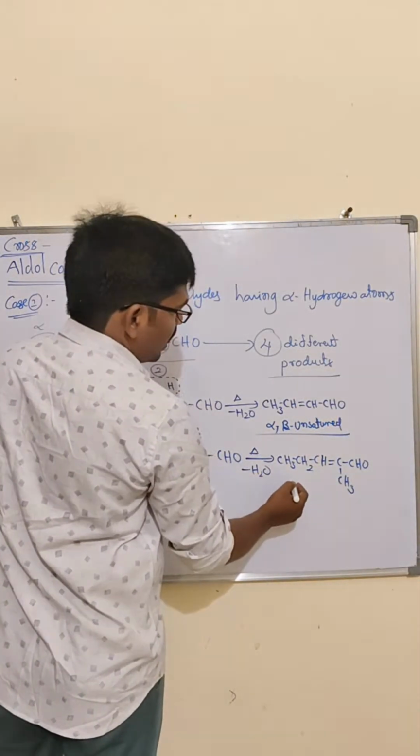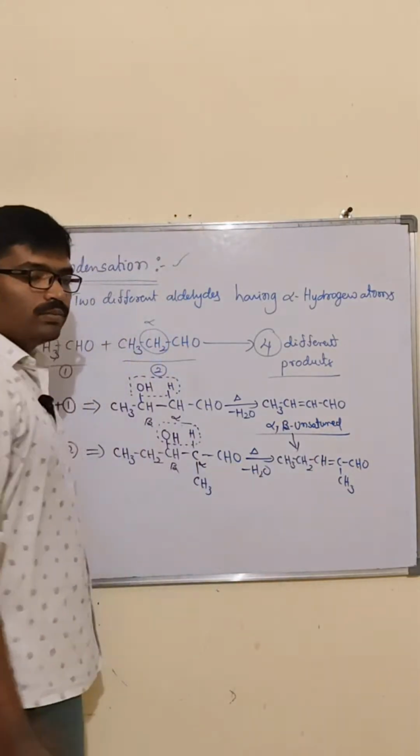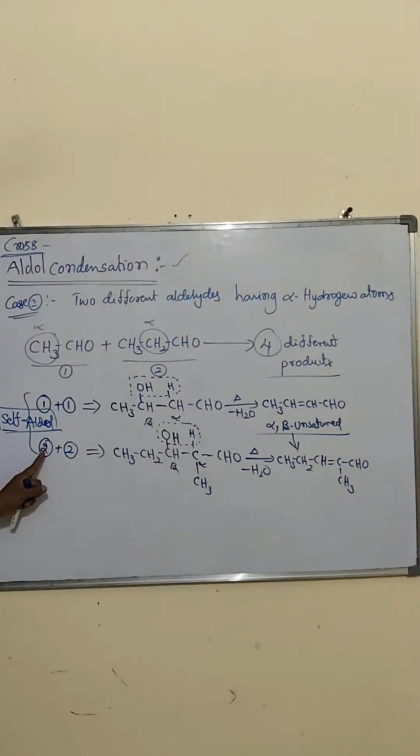So even it is alpha beta unsaturated compound. So in between 1 and 1, in between 2 and 1, self aldol condensation we call.